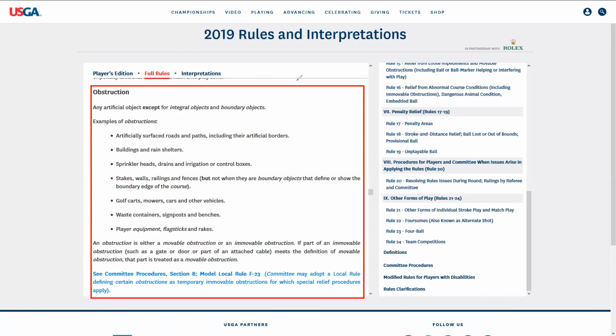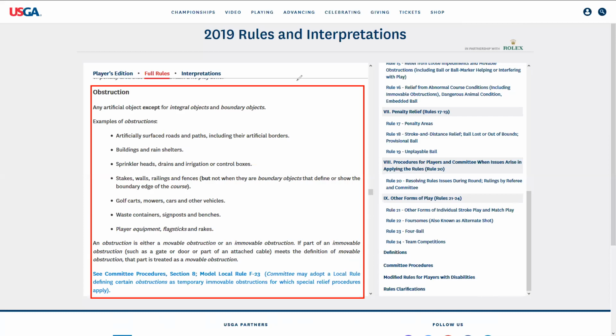The one addition I would make to the definition at the top, where it says any artificial object except integral objects and boundary objects, I would add the words "and paint dots and lines." I'm not sure why they didn't add that to the definition, but there is an interpretation that says paint dots and lines are not obstructions.